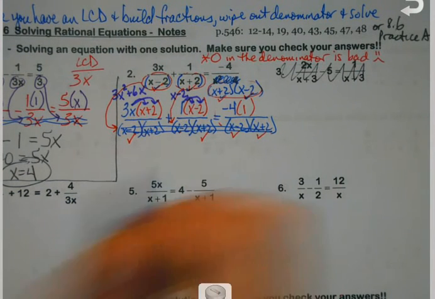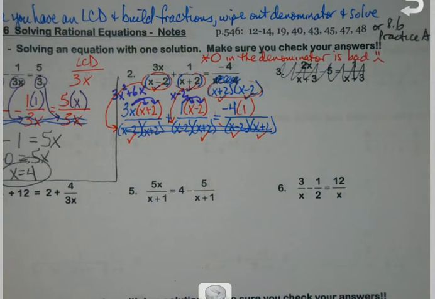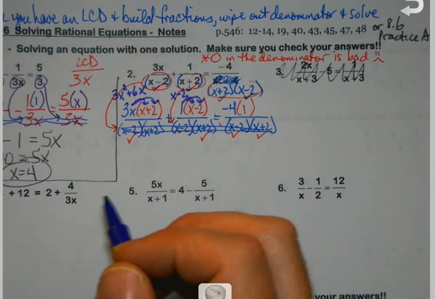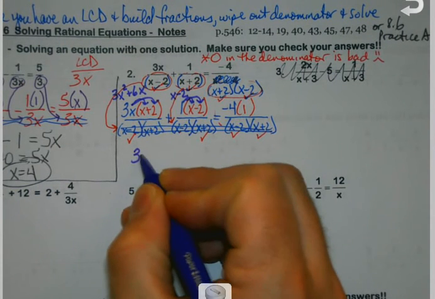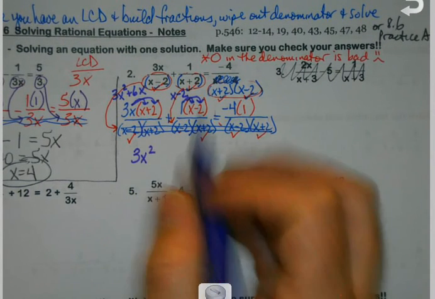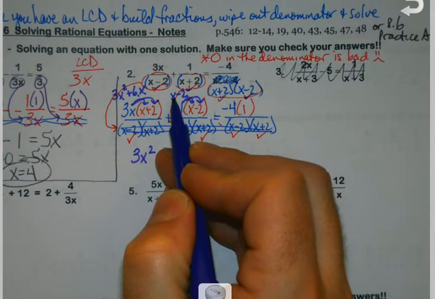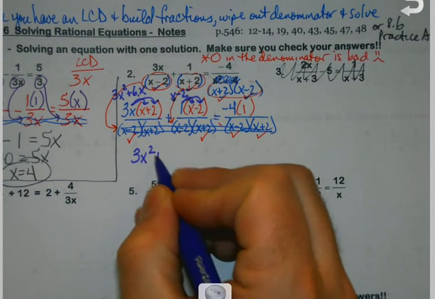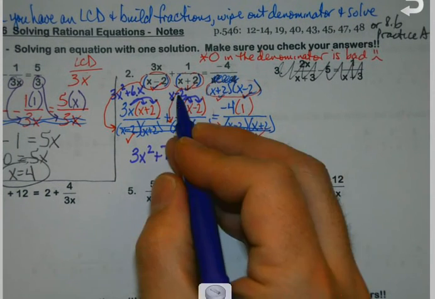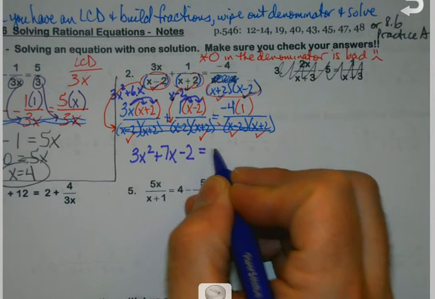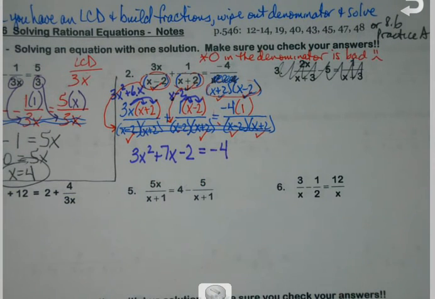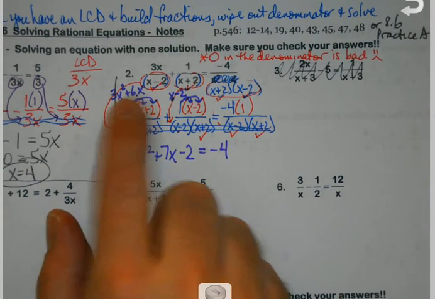So you're like, okay, so what have I actually got with all this stuff? Well, let's see. I've got 3x squared, 6x, and 1x is 7x. Minus 2 equals -4.